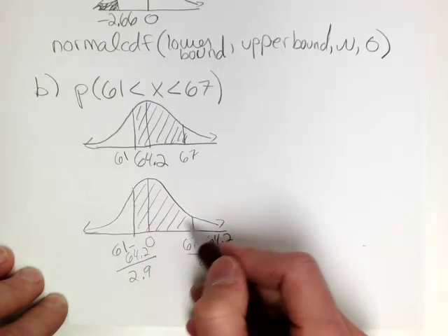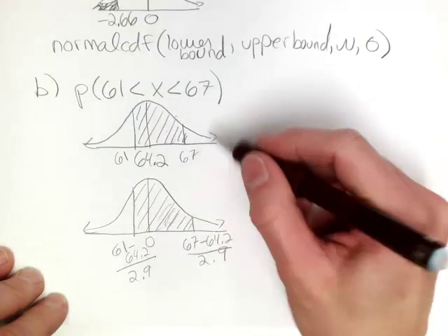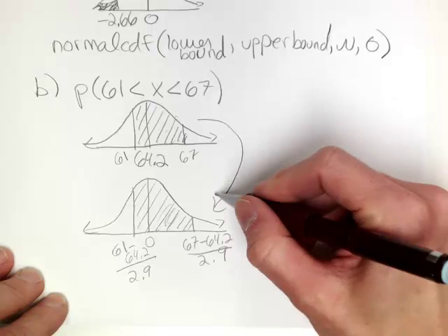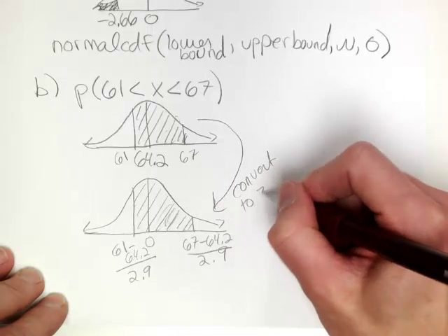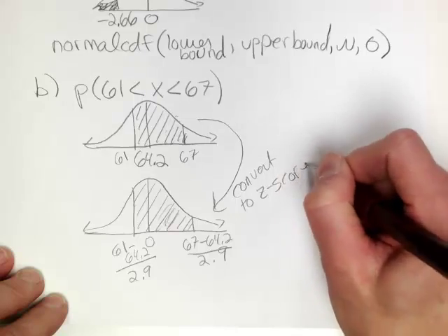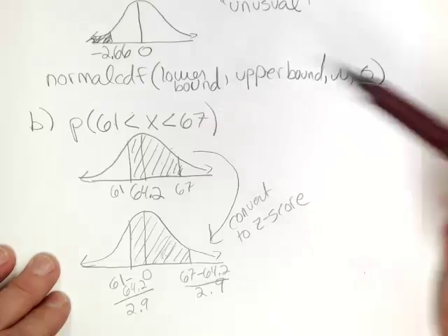But what is happening is that this area remains the same. When you convert to a z-score, that doesn't change the area. So for a compound inequality like this, you'd have to convert both endpoints.